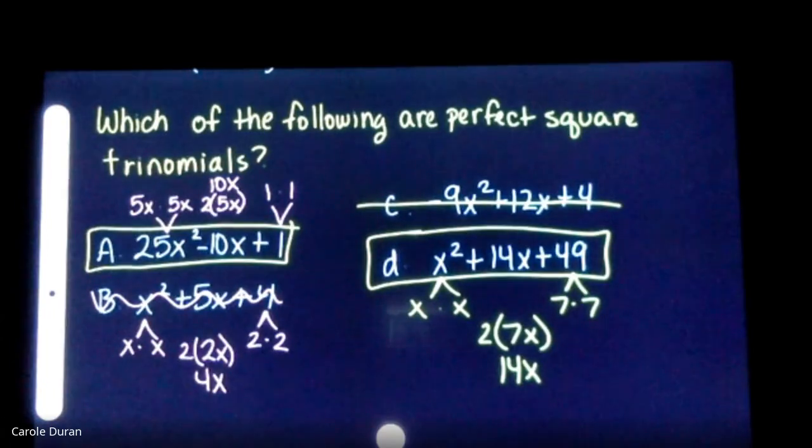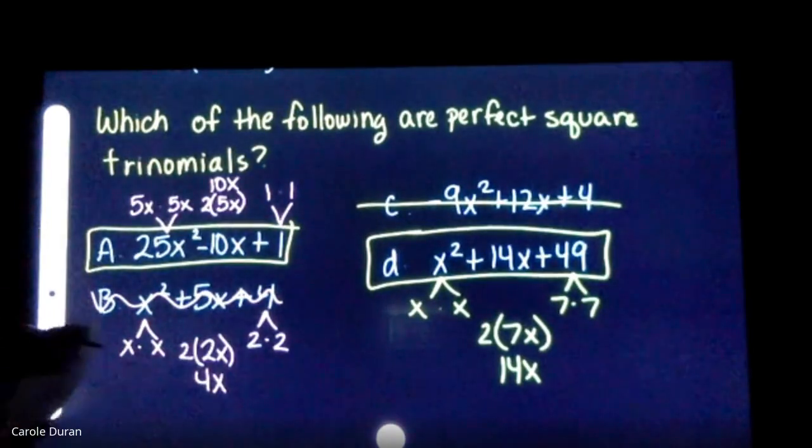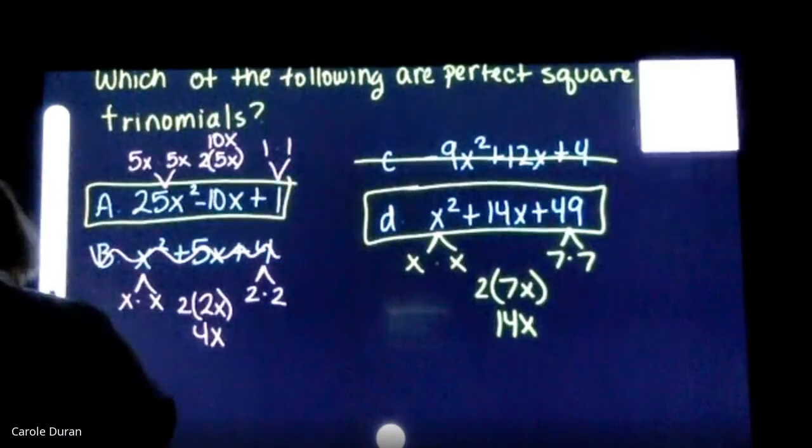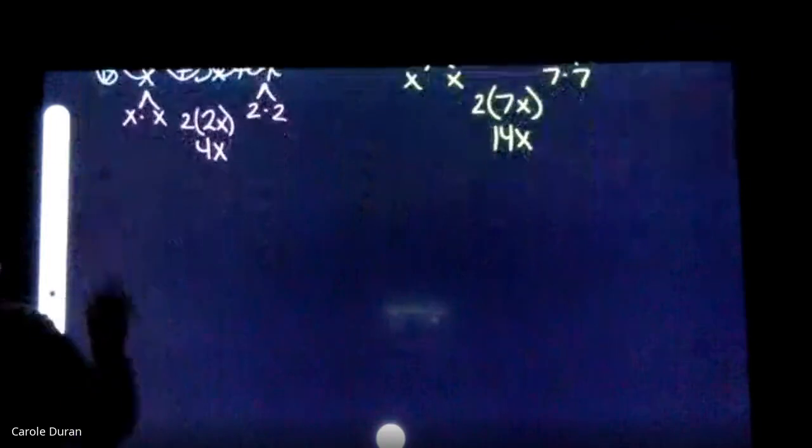So the next special case that we're going to look at is actually one that we've already done before. We just haven't formally looked at it. Okay, and this will be the last one that we do today. So this is case number 2, and it is called the difference of squares.